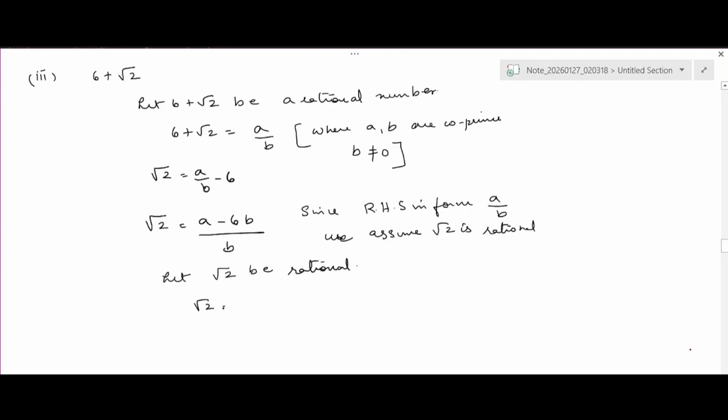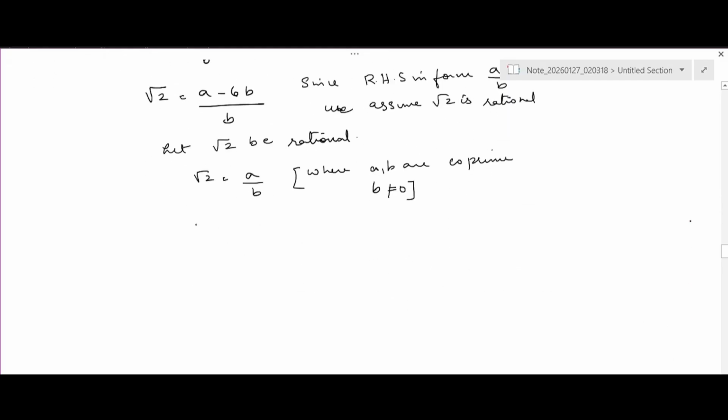So root 2 is equal to a by b, where a, b are co-prime, b not equal to 0. Okay, now a is equal to root 2 b.